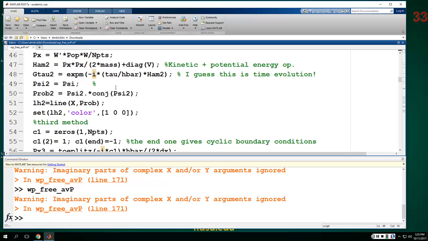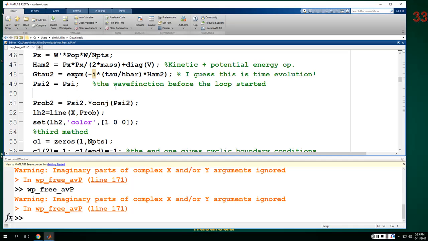Let me record right away what is here: the wave function before the loop started has been set to be equal to the initial condition.